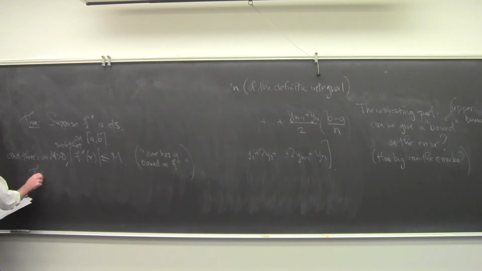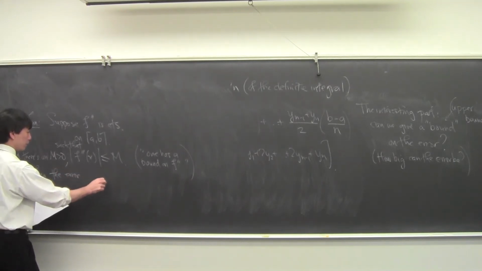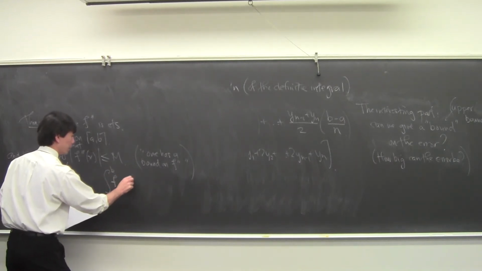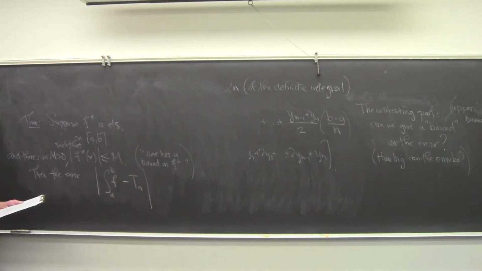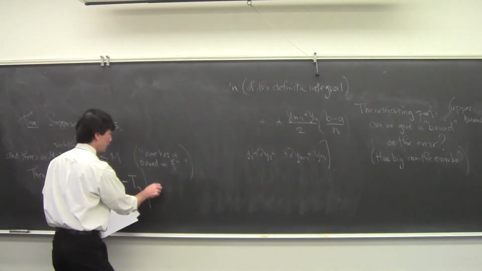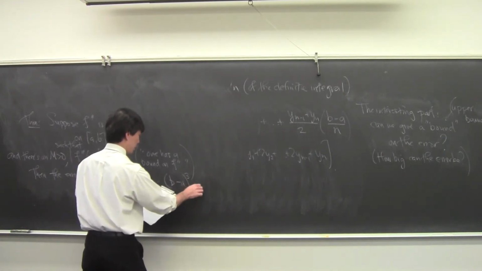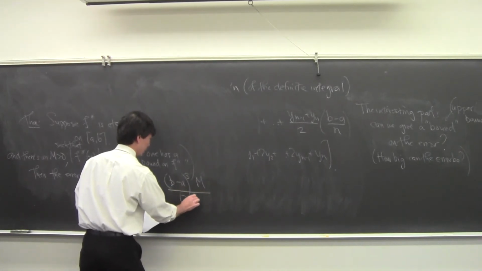Then the error, the difference between the definite integral and the nth trapezoidal approximation, is smaller than (b minus a) cubed times m over 12n squared.